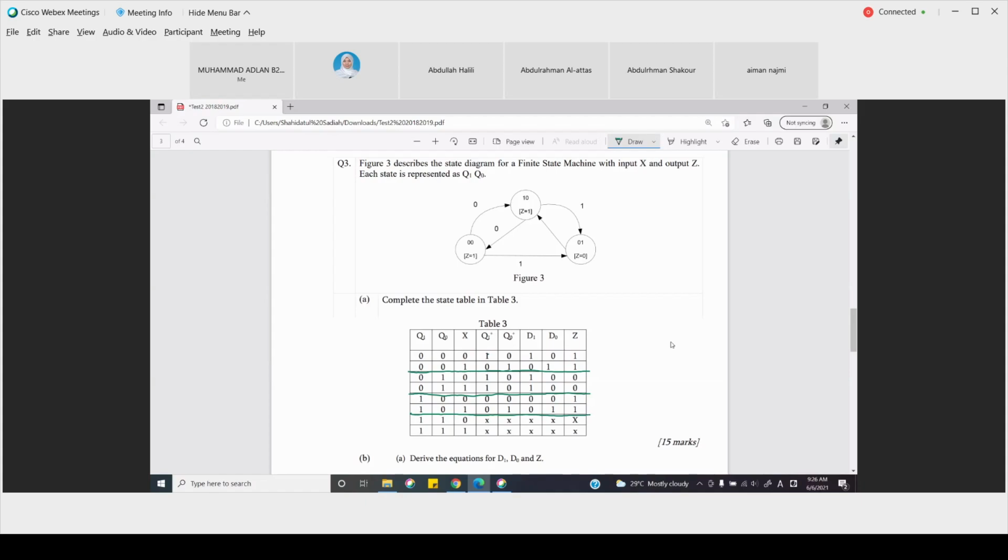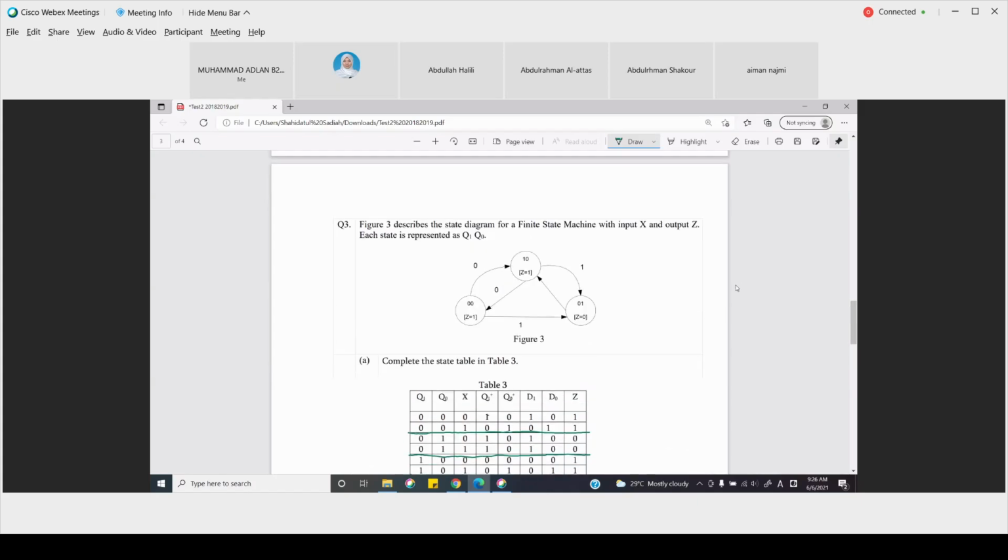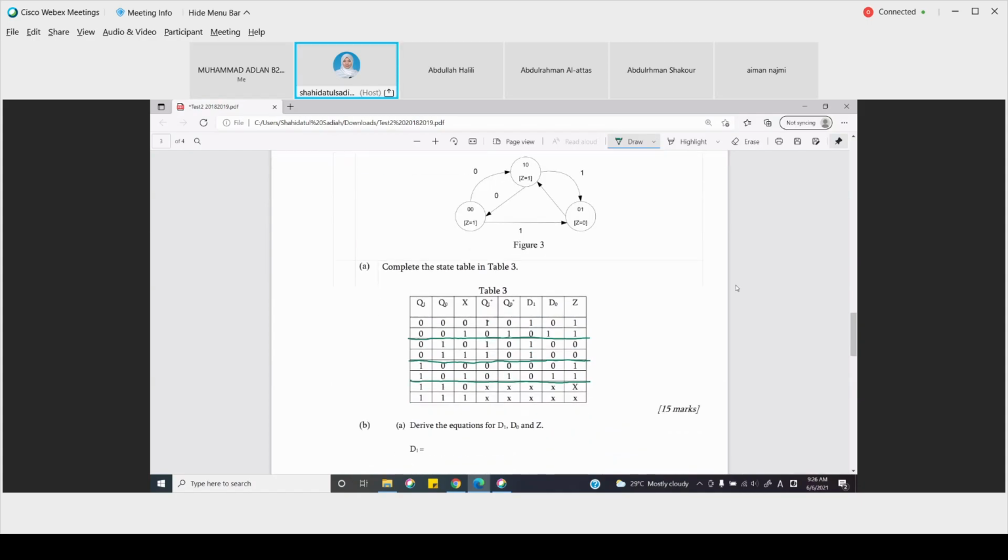And the other state is not used here, so just write don't care for the next state and D, the input of the flip-flop, and also Z, the output.